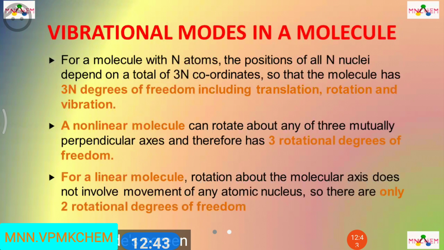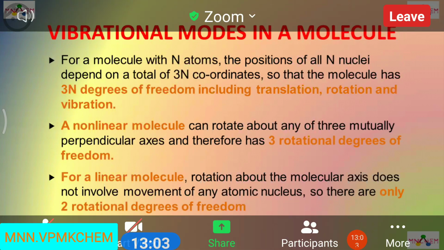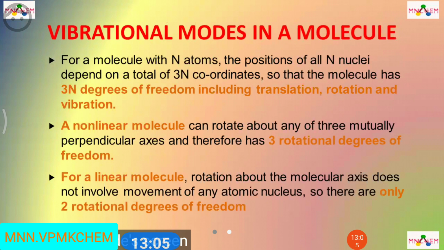A non-linear molecule can rotate about any three mutually perpendicular axes, and it has 3 rotational degrees of freedom. Whereas for a linear molecule, rotation is only possible for 2 degrees. So that is called 2 rotational degrees of freedom, because about the molecular axis, the movement of atomic nuclei is not possible.